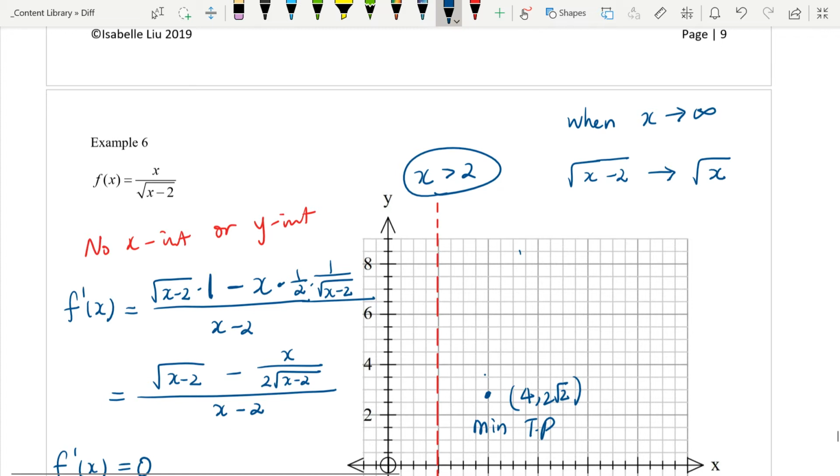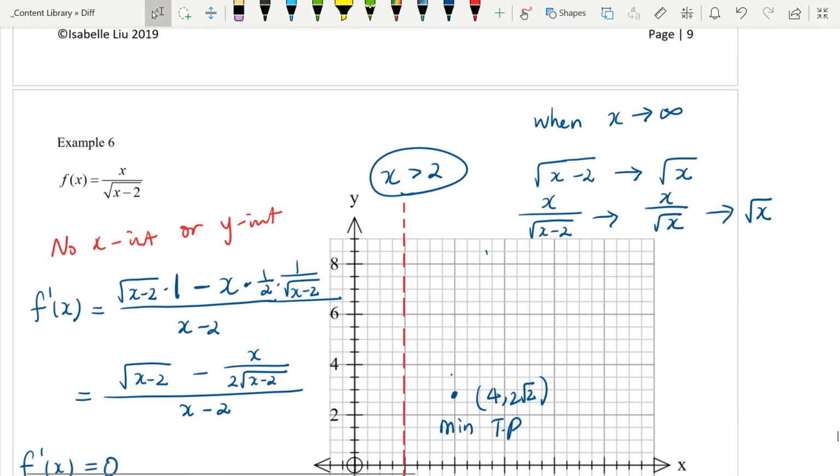Whether you minus 2 or not, it will be the same. So what we have is x over that, approaching x over square root x, which is square root x.